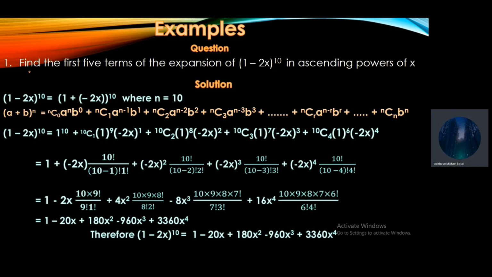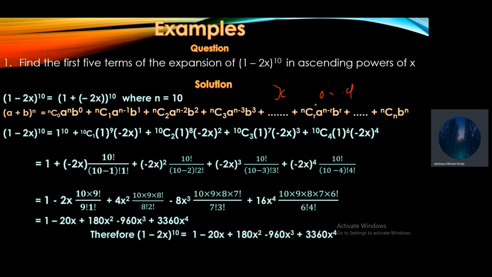Now look at this first example. It says, find the first 5 terms of the expansion of 1 minus 2x raised to the power of 10 in the ascending powers of x. What does that mean? When we say 1 minus 2x raised to the power of 10, the power of x can have a value from 0 to 9.